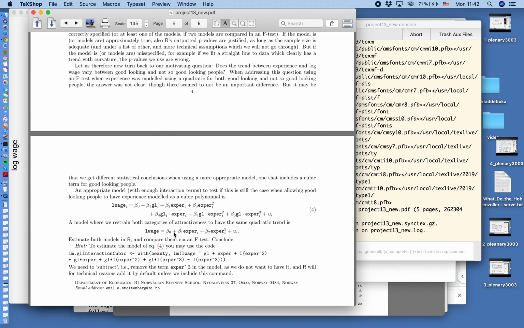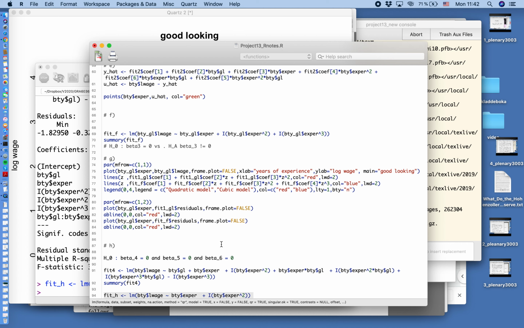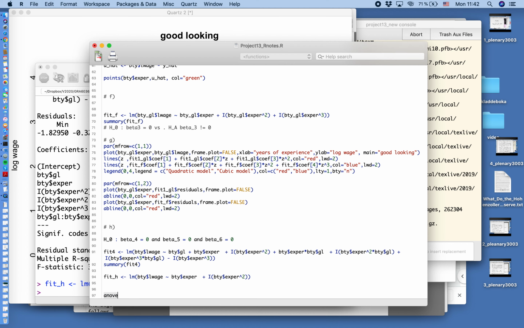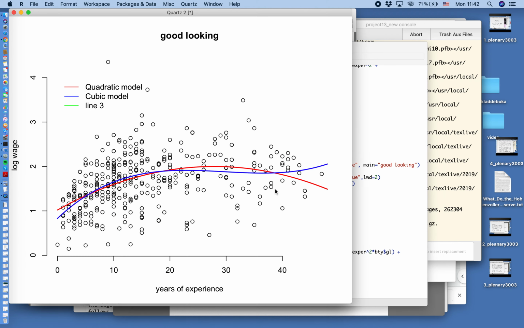No, it's not this model. We want the same intercept for both groups, so we have to remove this GL thing. So we fit that model, and now we can compare these two models by an F-test. So now we're testing this hypothesis. That's fit age, fit 4. We run this test.